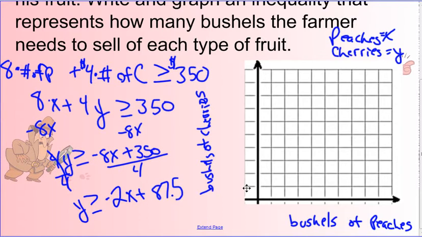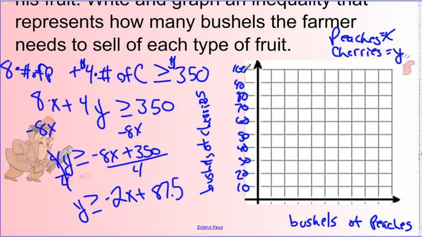Okay. Now, I know my y-intercept has to go up to about 87.5. To get to 87.5, I'll count by tens: 10, 20, 30, 40, 50, 60, 70, 80, 90. 87.5 would be right there someplace. So let's have a scale of 10, I think that will work well for us. 10, 20, up to 100.